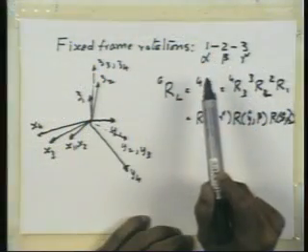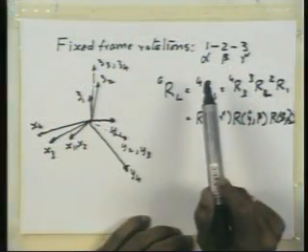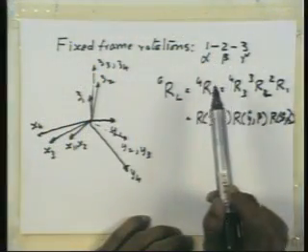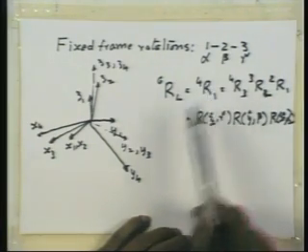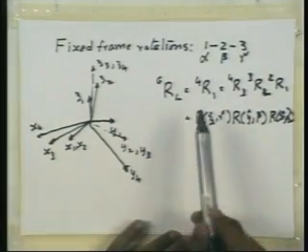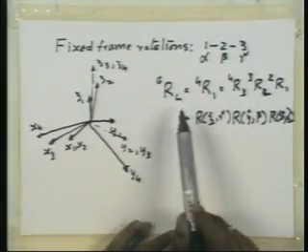Okay. So fixed frame rotations also can be done in whatever sequence you want, and you can give some notations for these angles, and you will get a valid representation of rotation. Fine. This final thing will turn out to be an orthonormal matrix.